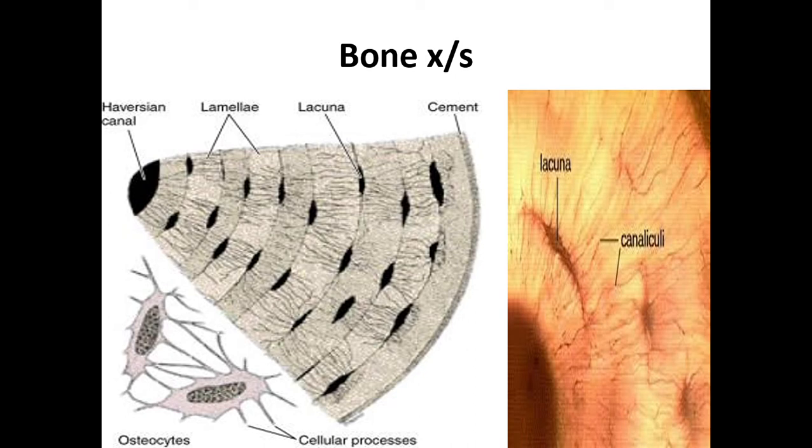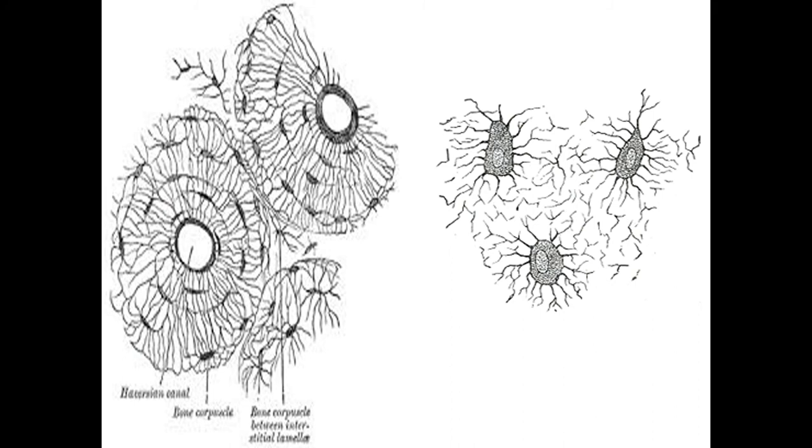They have an interconnection through the cellular processes, which will later be withdrawn by the osteocyte, the mature bone cells, and these processes will become the canaliculi. We have here again an illustration of the interconnection between osteocytes within the lacuna through the cellular processes, which will later become the canaliculi.